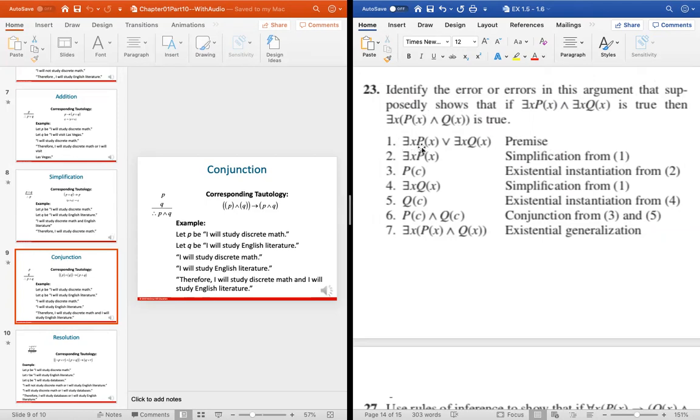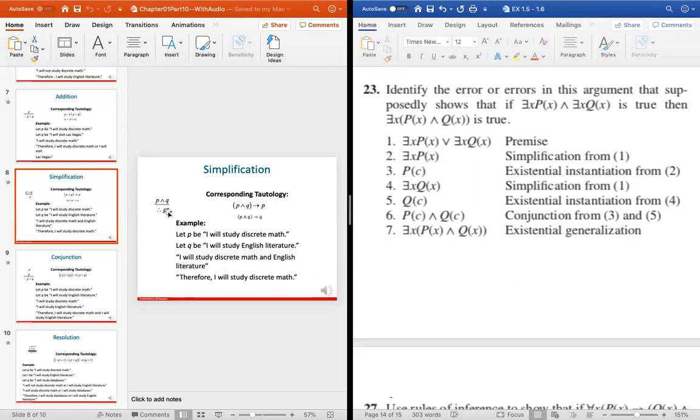We have these premises given: there exists x P(x) or there exists x Q(x). Then they are applying simplification to get this, right? But they cannot apply the simplification rule because there should be a conjunction between them, but here there's a disjunction.